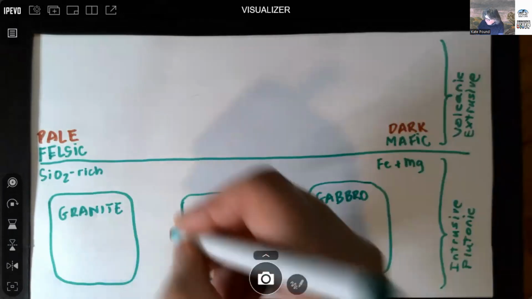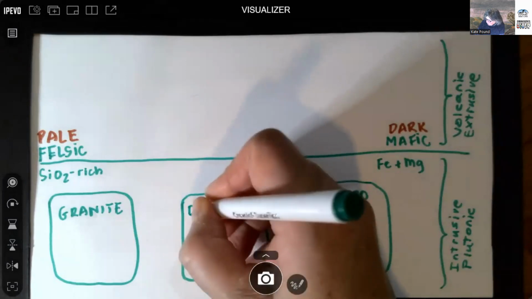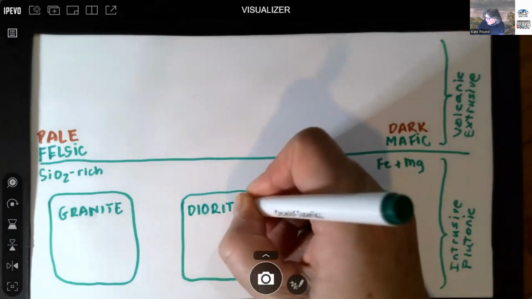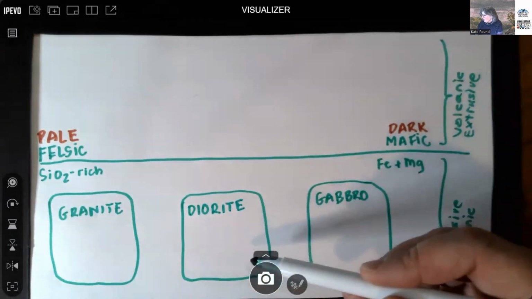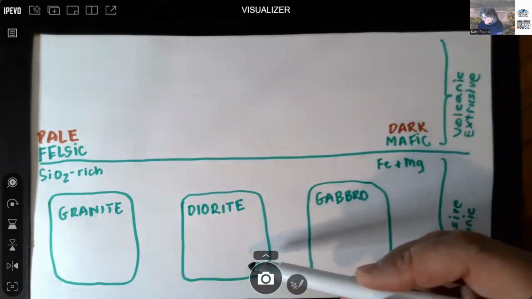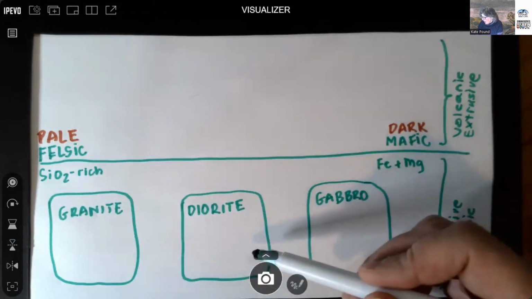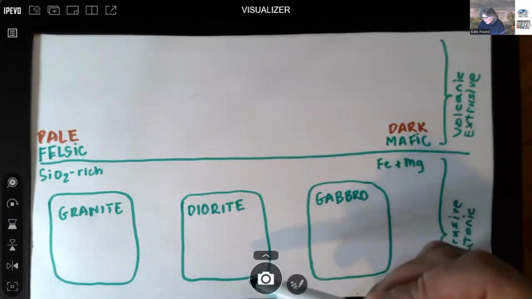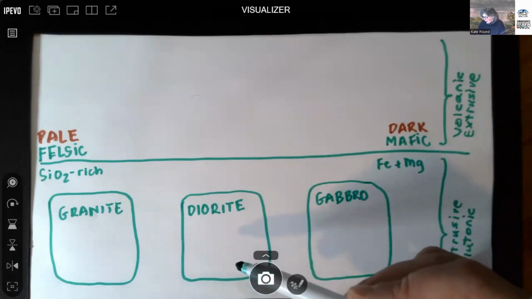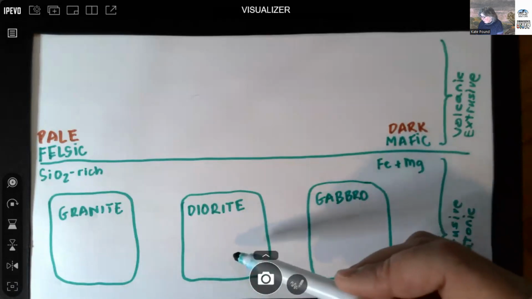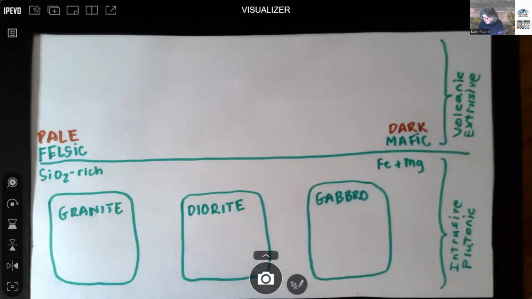And then in between is what I call, well, technically it's called a diorite. I always think of it as a Dalmatian rock because it has minerals that are pale and minerals that are dark. And just like a Dalmatian, sometimes it has more dark minerals, spots, sometimes it has fewer dark minerals or spots. So that's intrusive igneous rocks.